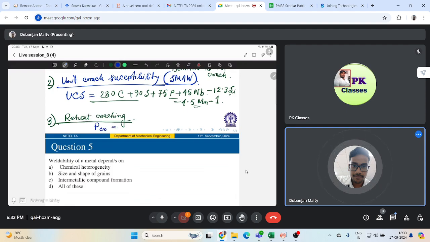The probability of reheat cracking is related with these elements: chromium, copper, molybdenum, vanadium, niobium, titanium, these things.